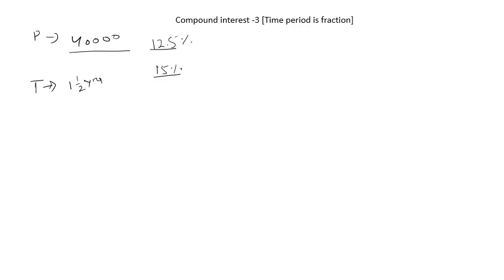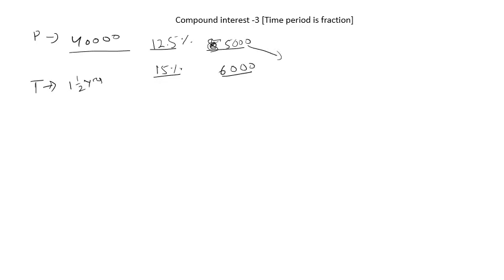So 1/8 into principal, that is 5,000. Sorry, this is 5,000, right?